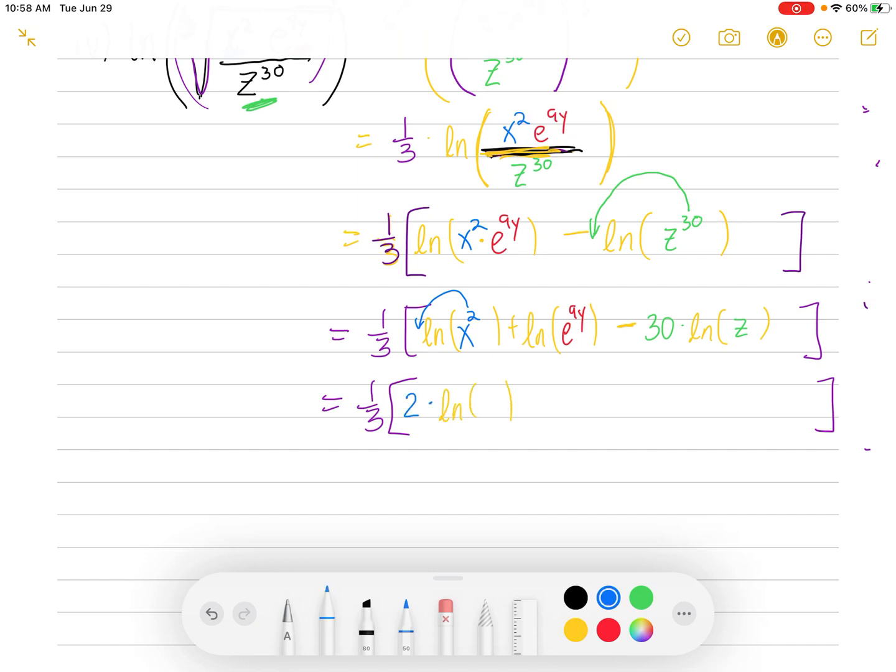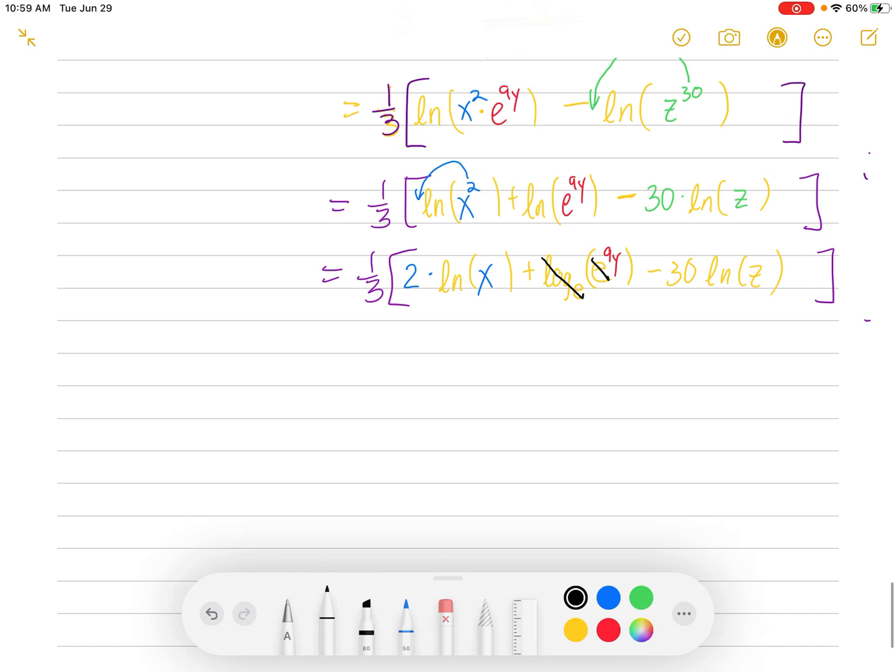Let's continue. We have this 1/3 out front, multiplied by this entire logarithmic expression. In this first log, the natural log of x squared, we can take the exponent of the argument out front. It's 2 times the natural log of x. And remember, natural log is the same thing as log base e. We're going to rewrite that because we have an exponential base, e to the 9y.